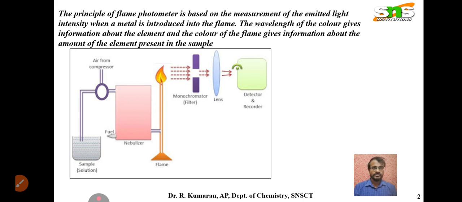The principle of flame photometry is based on the measurement of emitted light intensity when a metal is introduced into the flame. The wavelength of the color gives information about the element, and the intensity of the flame color gives information about the amount of the element present in the sample.